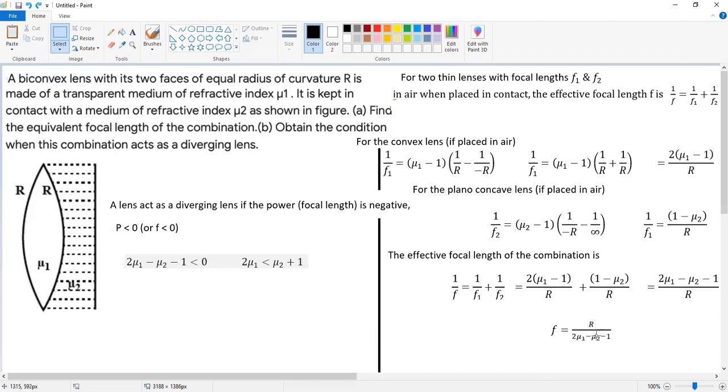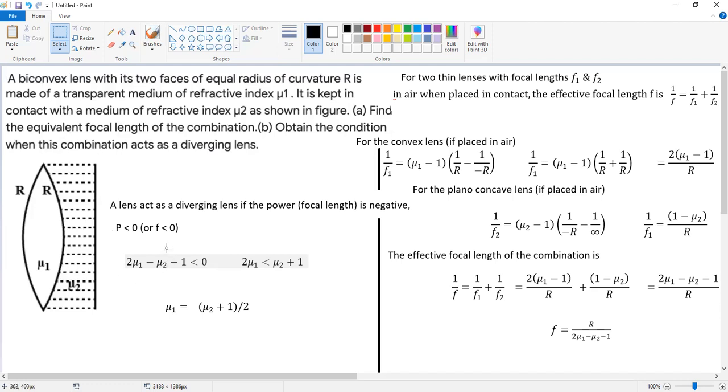The only possibility of the sign has to come from the values of mu1, mu2, 1, this combination. If you add 1 plus mu2 to both sides, or transfer to the other side, 2 mu1 has to be less than mu2 plus 1. Or mu1 will be less than mu2 plus 1 by 2 if you divide both sides by 2. So if the refractive index of the first medium is less than the refractive index of the second medium plus 1 whole divided by 2, then the system acts as a diverging lens.